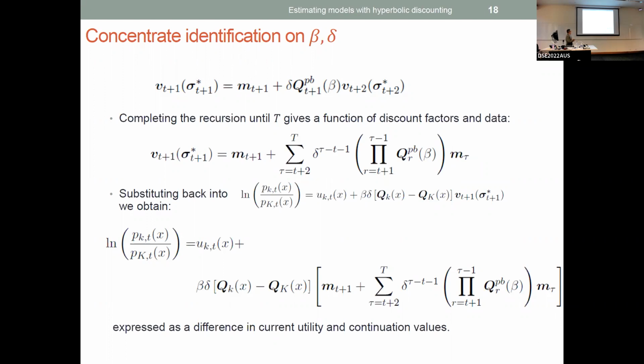Combining this result with an earlier equation that connects the CCPs with these flows and values, we get this equation here. Of course, this is a data feature, and then you get the utility flow, the hyperbolic discounting here, the geometric discounting here, and some state transitions which are functions of the present bias factor.